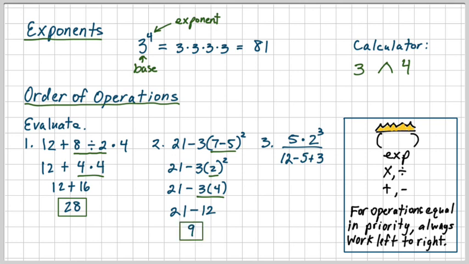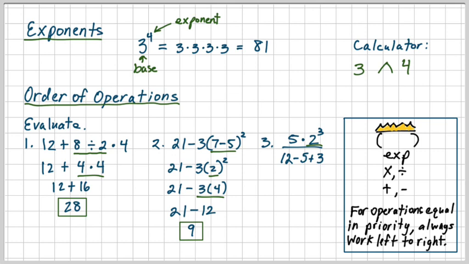All right, on number 3, the main thing to remember with fractions like this is you want to simplify the numerator and simplify the denominator, and then whatever you get, you divide or simplify. If it's a fraction that can be simplified, you do that. If it can be divided, you divide it. So in this case, first of all, in the numerator, we want to apply the exponent first.